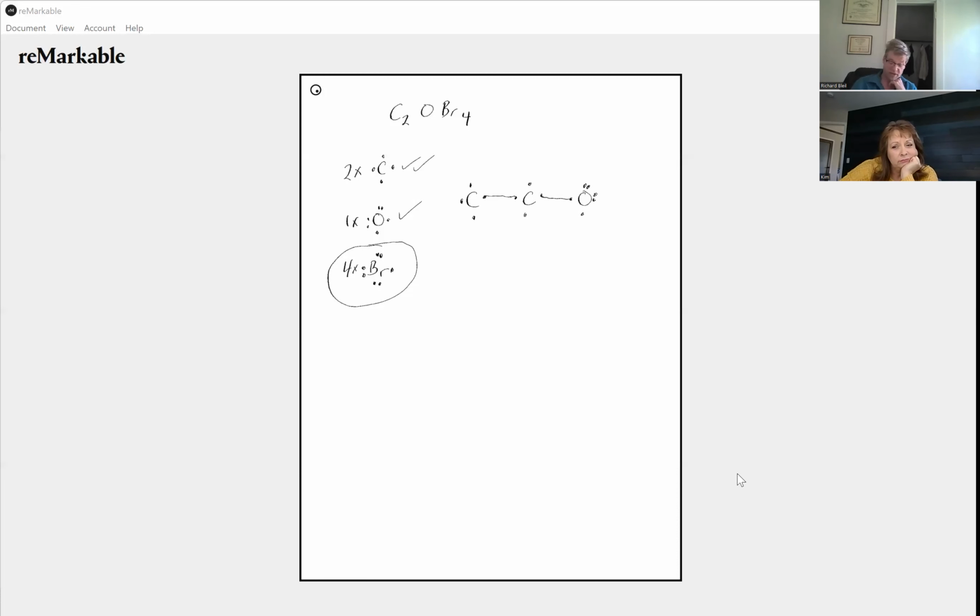Oh, yes, except each bromine only needs 1. We have 4 bromines, so how many unpaired? How many total unpaired electrons do we need in our working structure here? Well, there's 6 above, isn't there? But we only need how many? 1. Nope. We have 4 of them. 4 times 1 means we need 4 unpaired electrons. Oh, 6 unpaired electrons. What do we do?